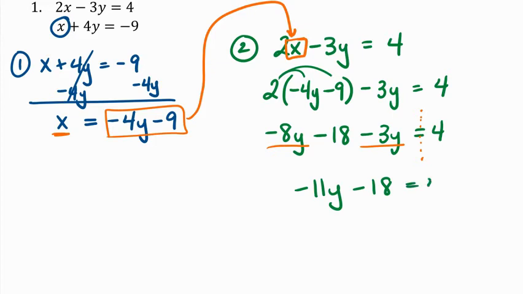Manny, what were you trying to ask? Braden asked why don't we add 3y on both sides? I'm not adding 3y because I'm just going to combine these like terms.